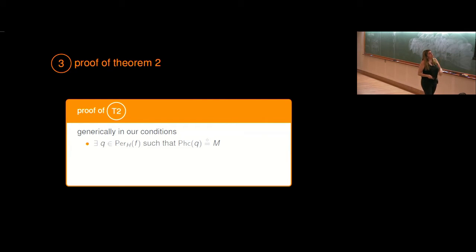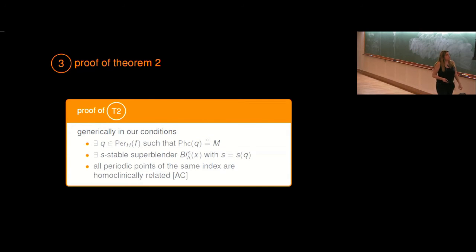So we don't have that, but we do have that there exists a superblender, because I have just stated so, a superblender with this dimension, the stable dimension of S. And so all periodic points of the same index are homoclinically related, that is by Abdenur and Crovisier.